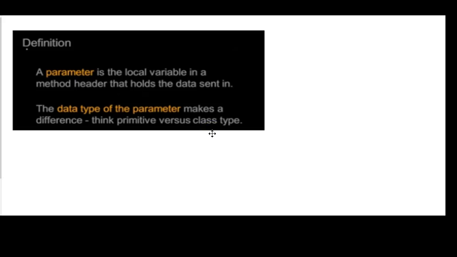In other words, if I set the parameter to be a double, I can't send a string. My argument can't be a string if the parameter is a double. It doesn't make any sense. So the argument has to match the method parameter definition.